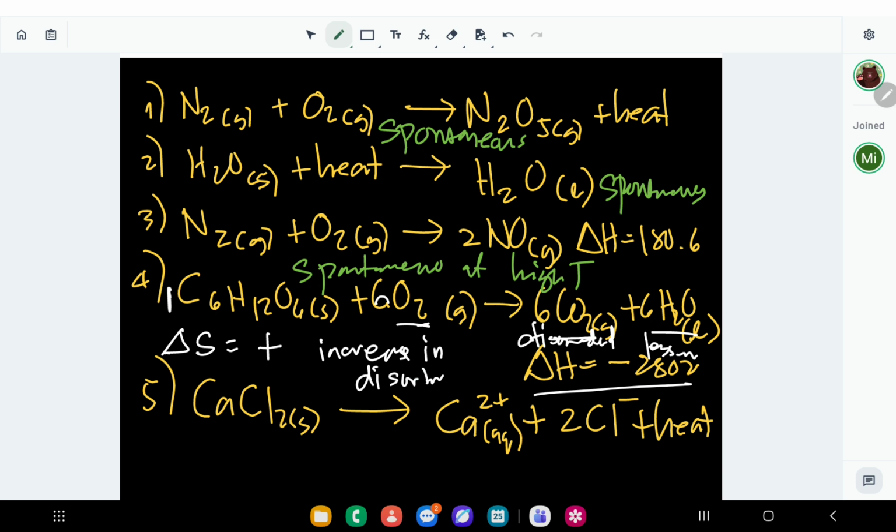Therefore, delta G in this case decreases. Delta H is less than 0, negative, favorable. Delta S is positive, favorable. So delta G is less than 0. So that means number 4 is spontaneous.